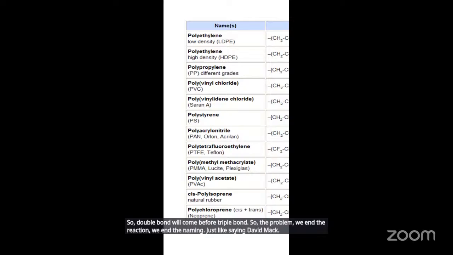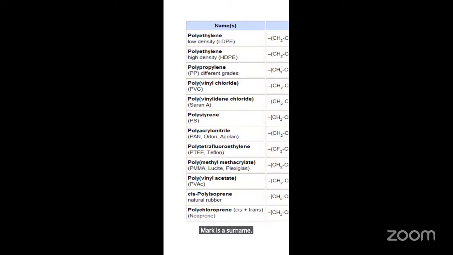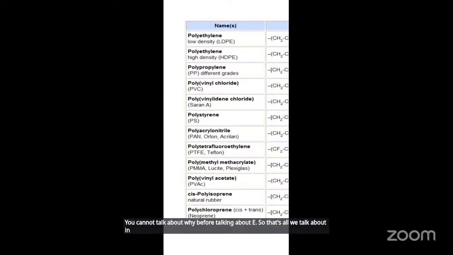Mark is a surname, so I start with the first name and end in the surname. Another thing you can think about is alphabetical order: you cannot talk about Y before talking about E. So that's why we talk about en before yne.